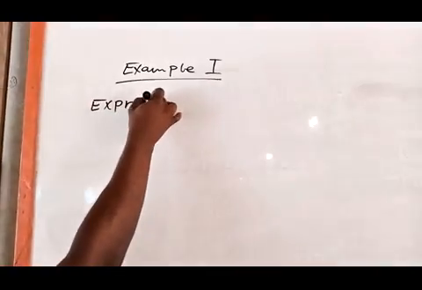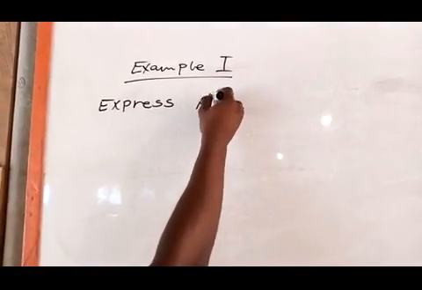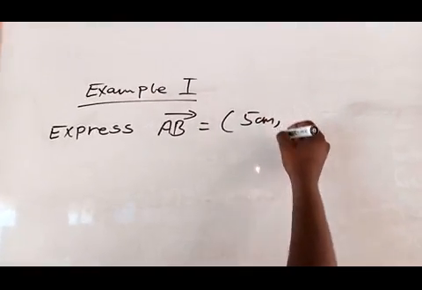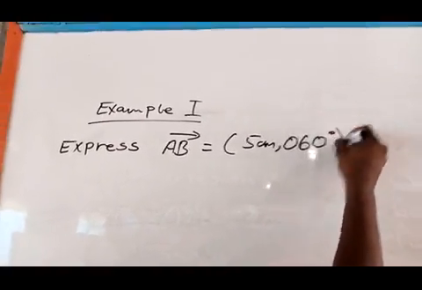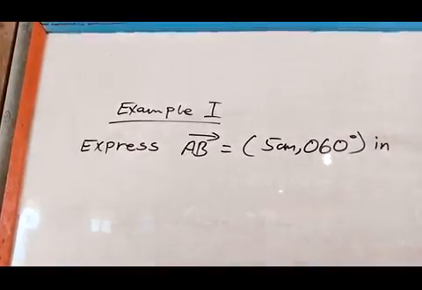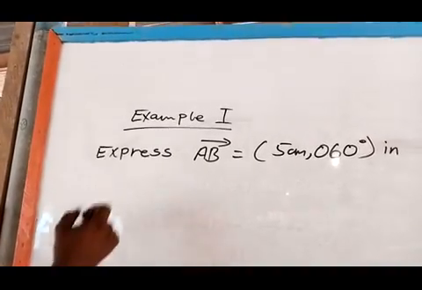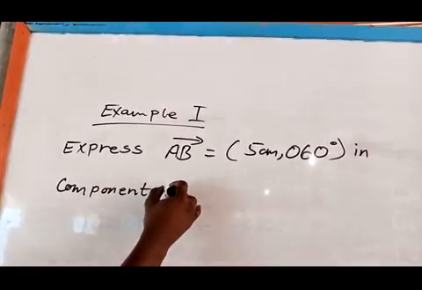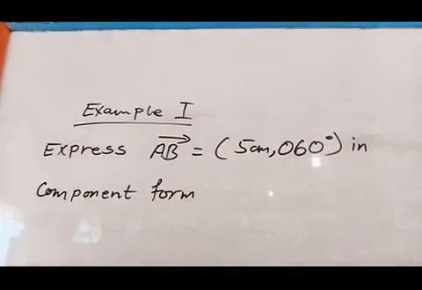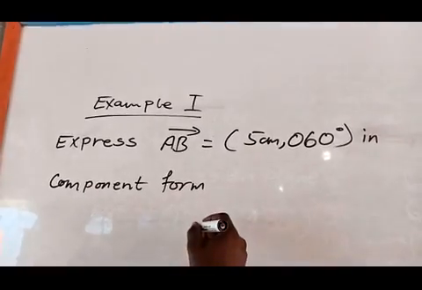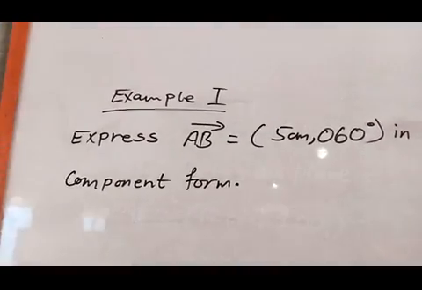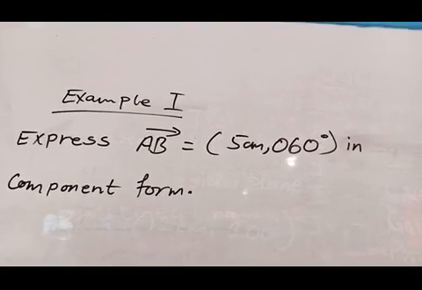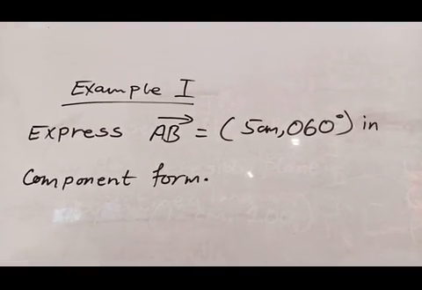Express the vector AB, which is 5 centimeters and 60 degrees, in the component form.